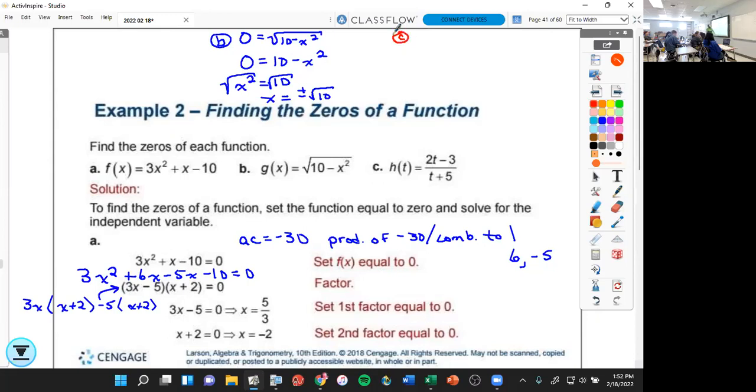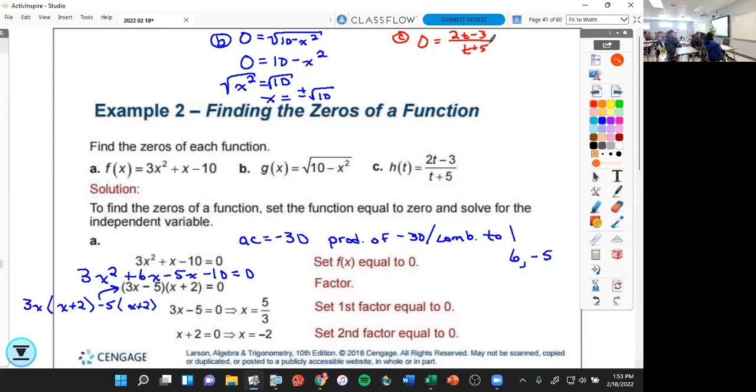Part C. H of t is equal to 2t minus 3 divided by t plus 5. Okay, I want that to equal 0. So 0 equals 2t minus 3 divided by t plus 5.